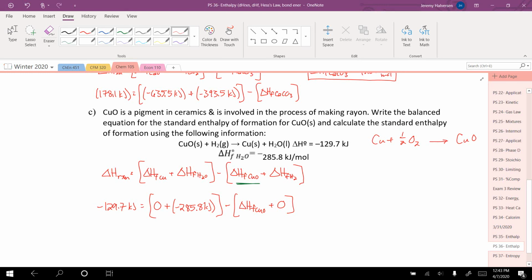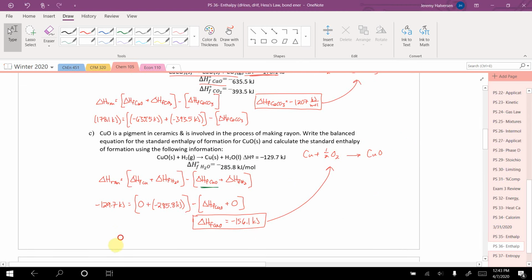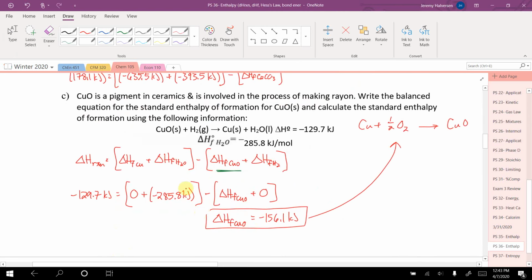And I get that the delta H of formation of CuO is negative 156.1 kilojoules. There you have it. So that is the enthalpy of that reaction. Again, because that reaction is the formation reaction of CuO, the delta H of that reaction is the delta H of formation of CuO.